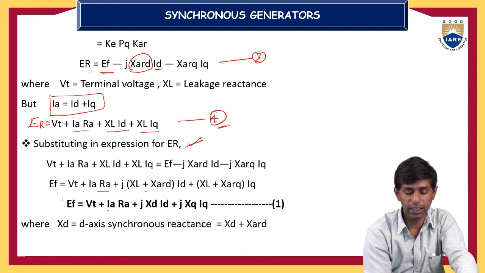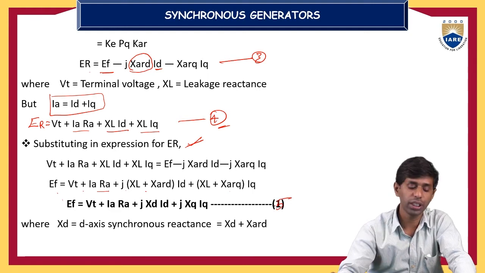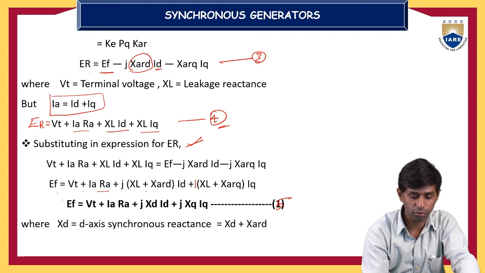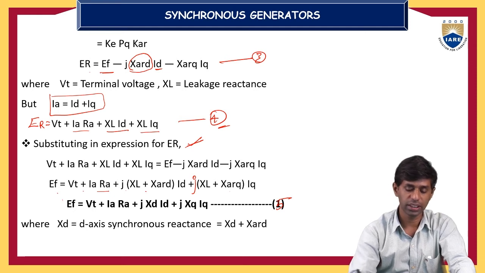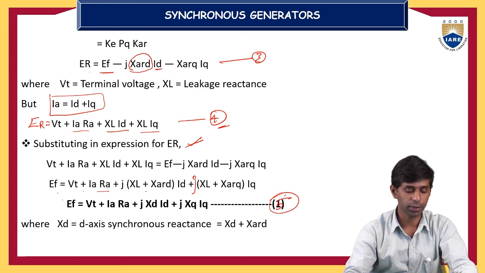This is expression number 5: excitation EMF is equal to terminal voltage VT plus IA RA plus j ID XD plus j IQ XQ. This is equation number 5, the excitation induced EMF for the alternator.